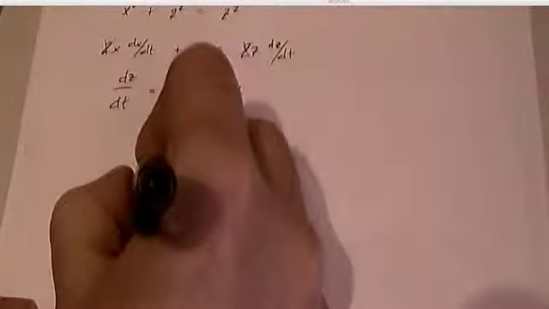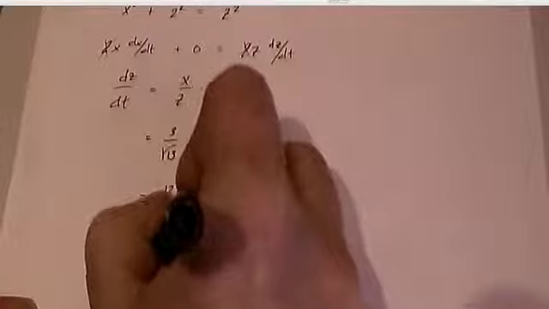I've already determined what x and z are in my conditional information, right? X and z are 3 and root 13. So I'm going to get 3 and root 13, and then dx dt is this number right here, 4 pi over 39, times 4 pi over 39, and that winds up being 12 pi over 39 root 13.